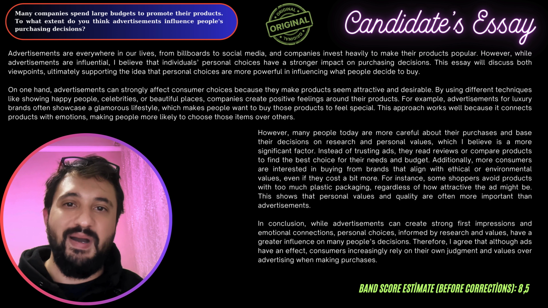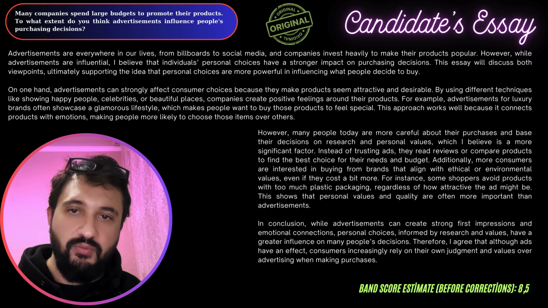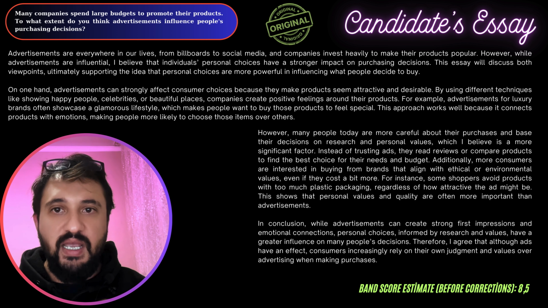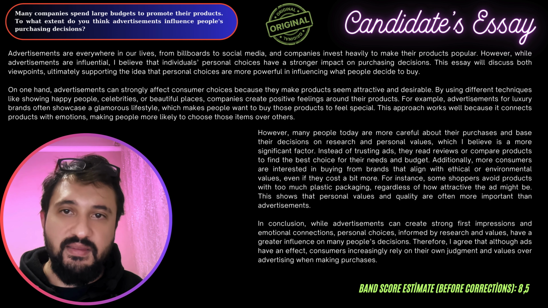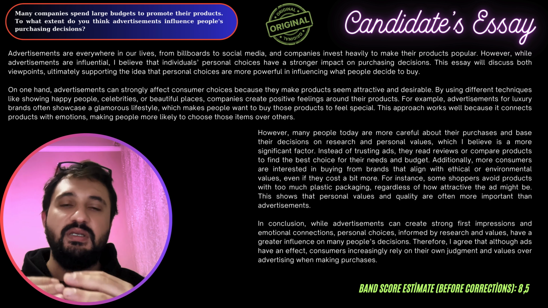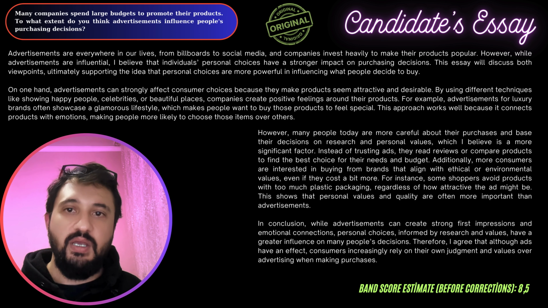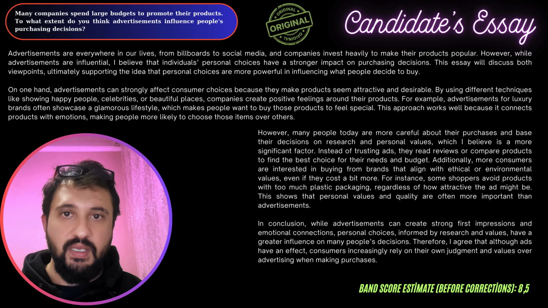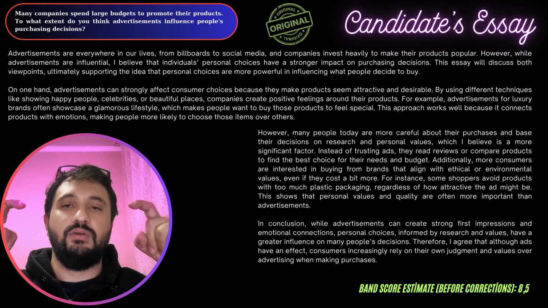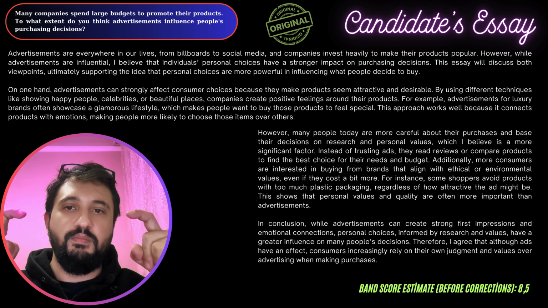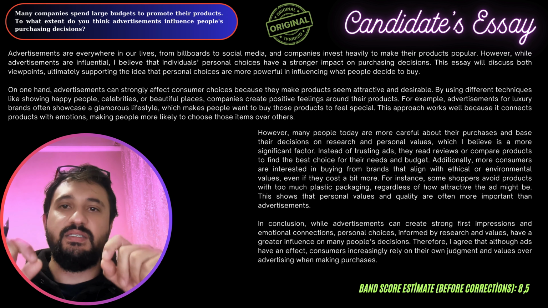To improve parallelism and ensure clarity, it is better to say they read reviews and compare products to reflect that these actions are commonly done together. So the correction will be: instead of trusting ads, they read reviews and compare products to find the best choice for their needs and budget.